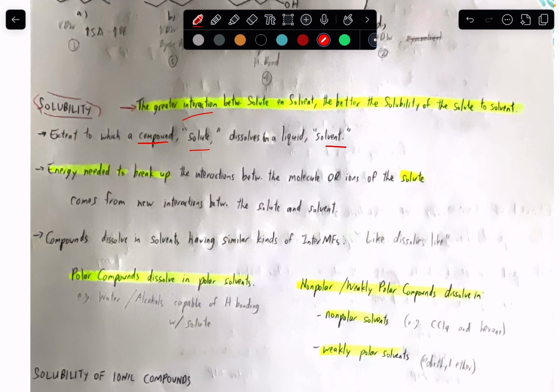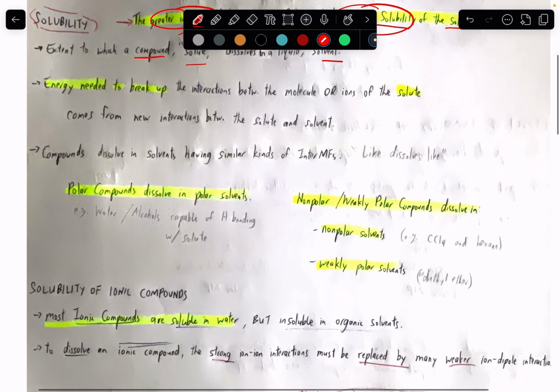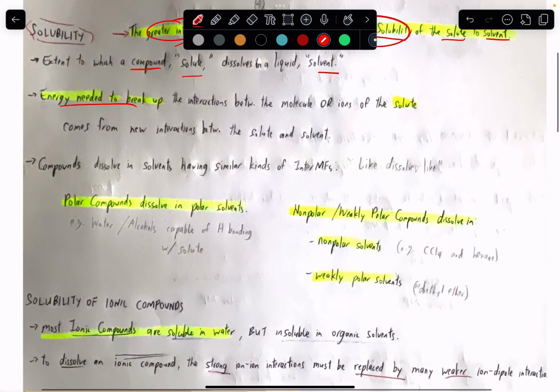Sabi dito, the greater interaction between the solute and the solvent, then the better the solubility is of the solute to the solvent. So yun, essentially, greater interaction means better solubility. This is the energy that is needed to break up the interactions between the molecule or ions of the solute.